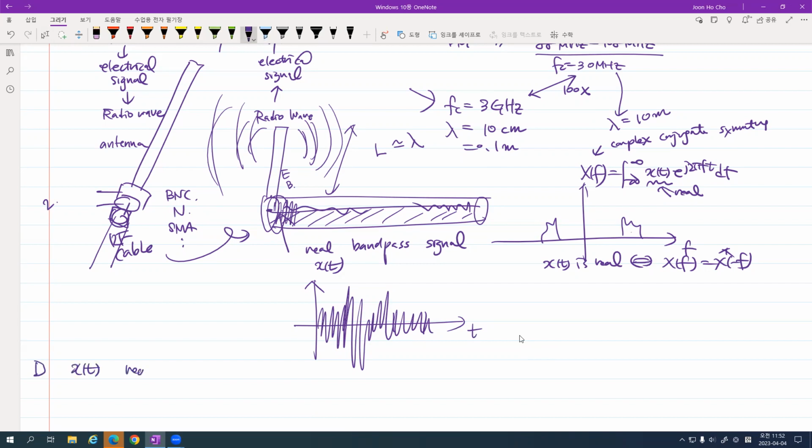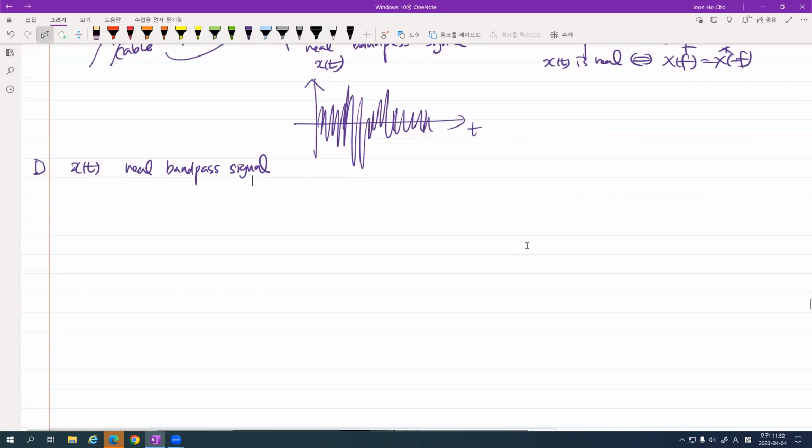Now, we are given a real bandpass signal, which can be represented by some complex valued function x of f satisfying conjugate symmetry. From here, this is quite strange, but a very standardized trick.